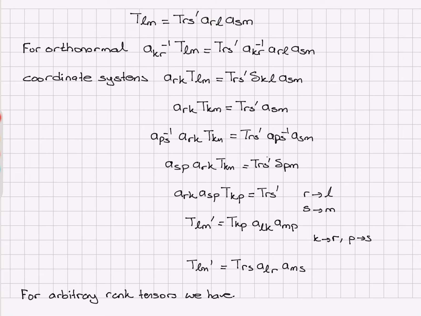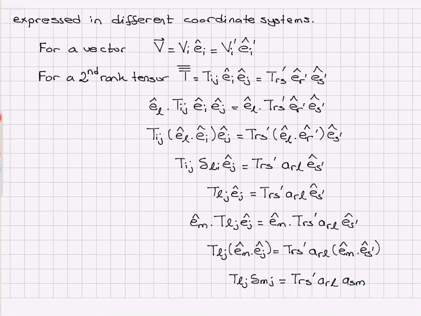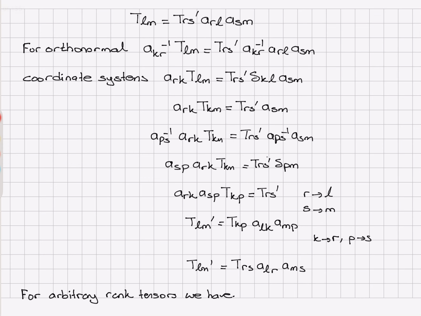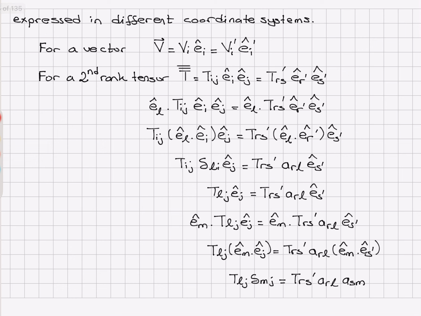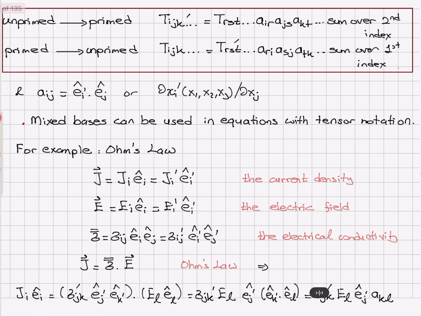So you can see that this is a summation over the first indices in the transformation matrix going from the primed coordinate system to the unprimed coordinate system.